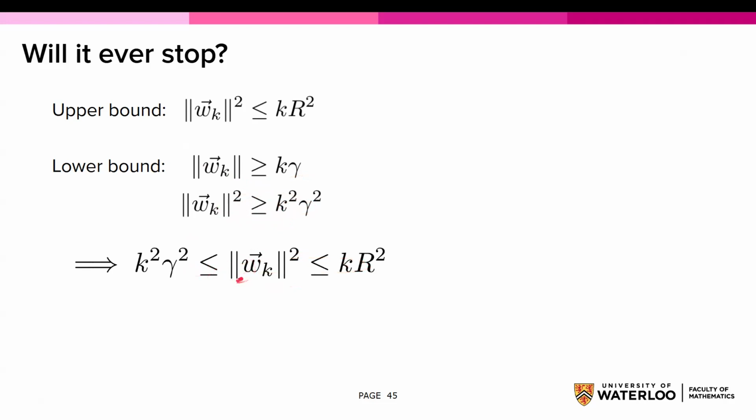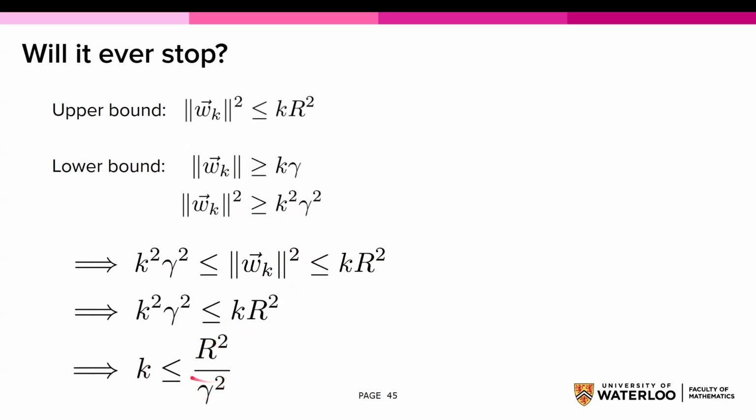And so we know that the squared norm of the model is greater than k squared gamma squared, but it's less than k r squared. This then allows us to deduce that k squared gamma squared is at most k r squared. And rearranging, we can determine that k will be at most r squared over gamma squared.